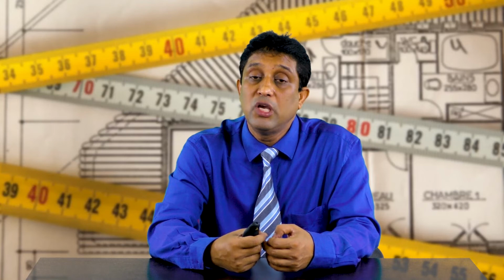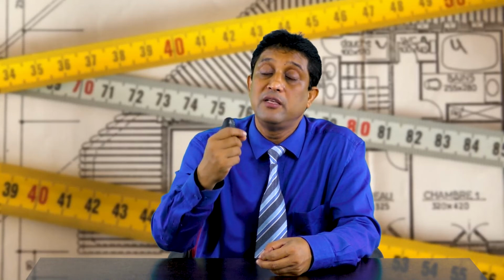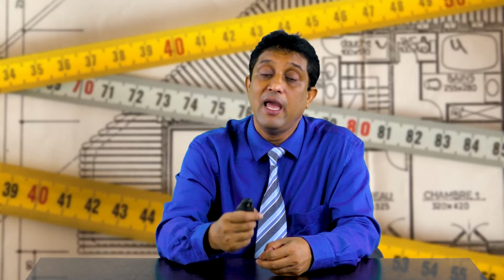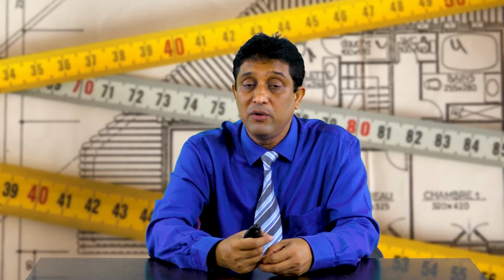We can calculate the mean score. We can analyze, if there are 6 subjects, in which subject the learner has done well. And we can arrange these scores in order, ascending or descending.